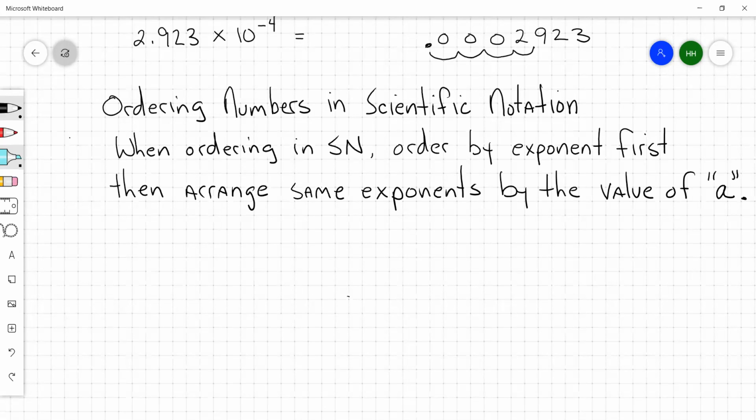All right, so when you're ordering them, you order the exponents first.